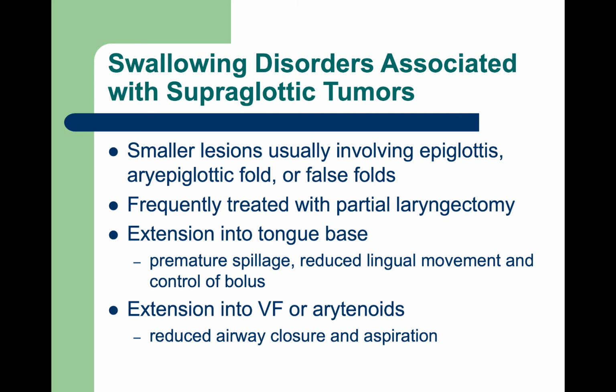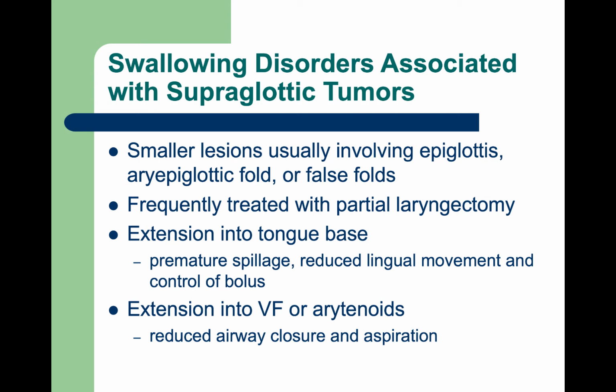If the surgeon needs to extend the resection to the vocal folds or the arytenoids, now you have a situation where the client has limited protection, even more so than just the supraglottic laryngectomy. The arytenoids were a major contributor to that airway protection. So if they've been removed, we no longer have that as a consequential residual structure to give some protection.